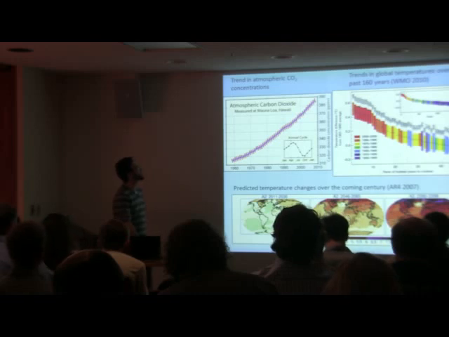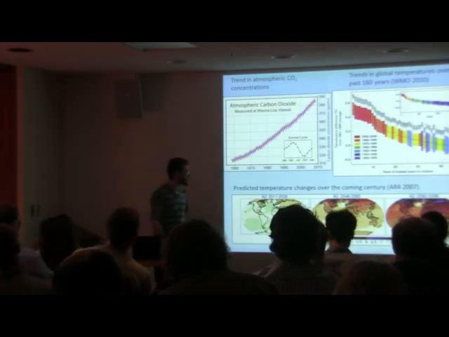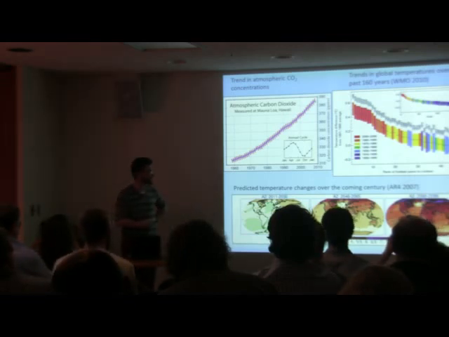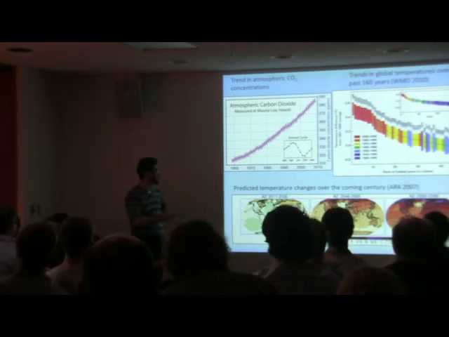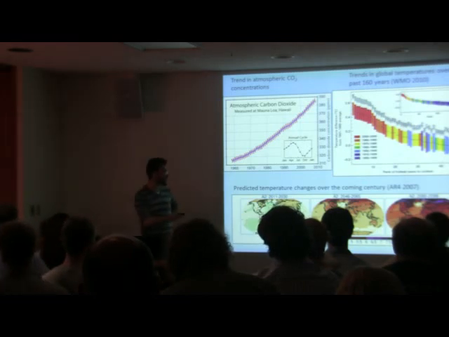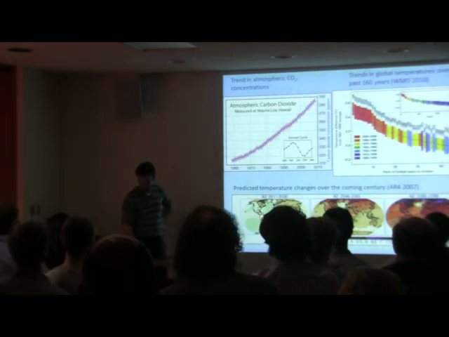As we all know, the global temperature is warming, and atmospheric CO2 concentration is increasing, both globally and in terms of regional temperatures. As you can see here, in the next 50-100 years, the temperature increase may range from 3 to 7 degrees.